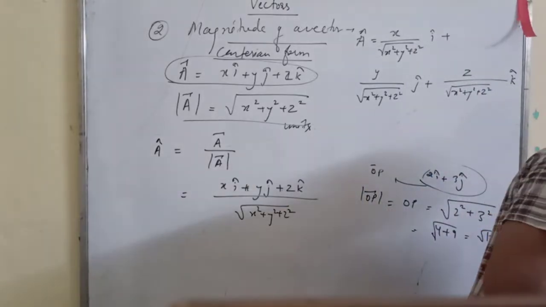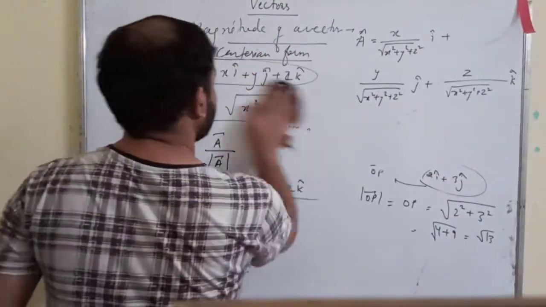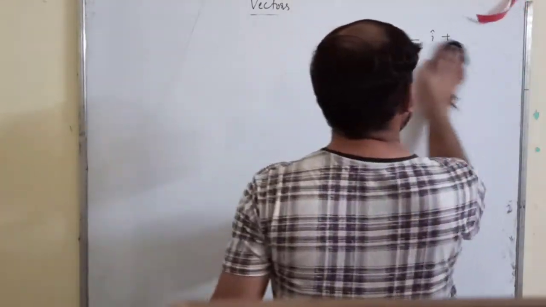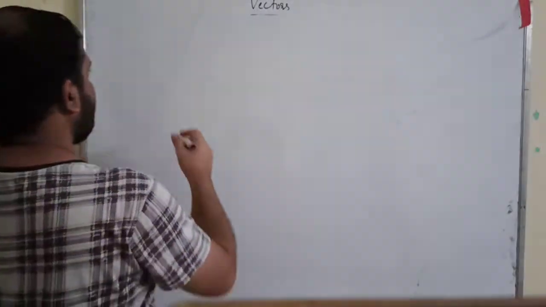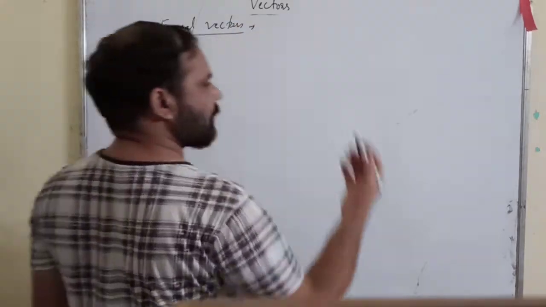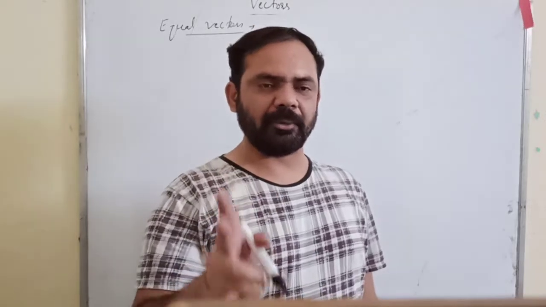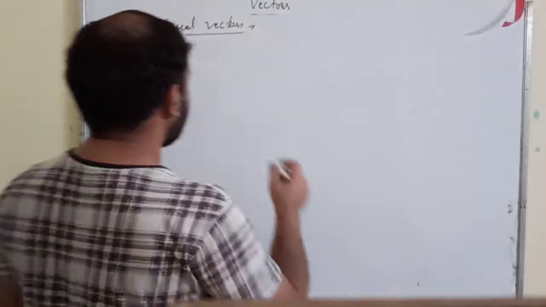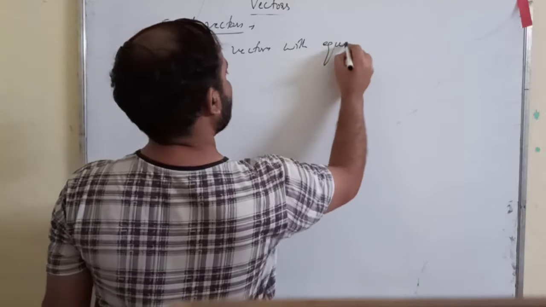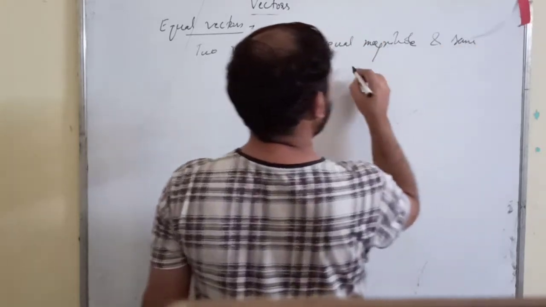Okay, next is equal vectors. Now for equal vectors, a vector has two things, one is magnitude and the other is direction.